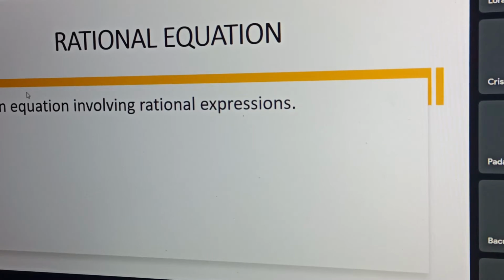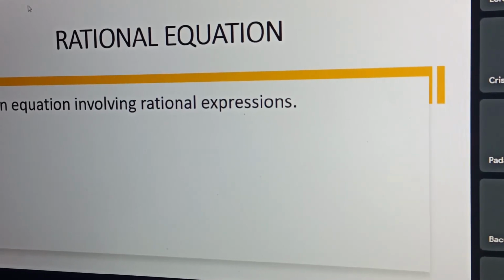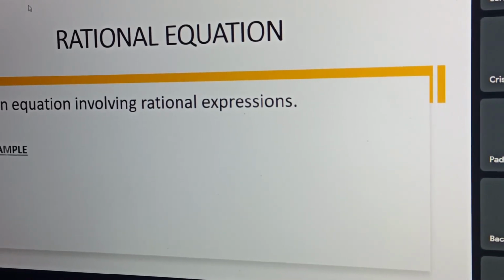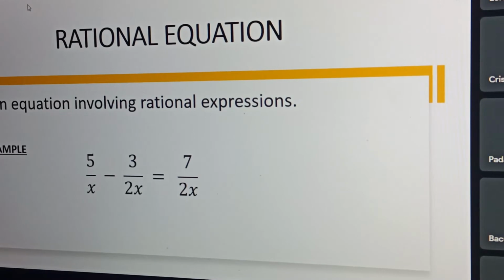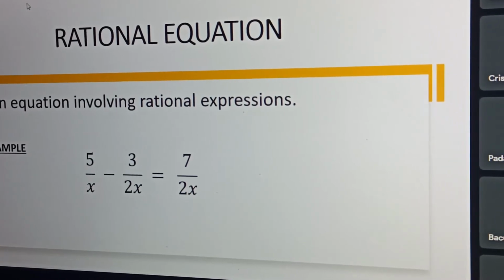Okay? So, kapag sinabi natin rational equation, sabi, it is an equation involving rational expression. So, we have here the given example. We have here 5 over x minus 3 over 2x is equals to 7 over 2x.